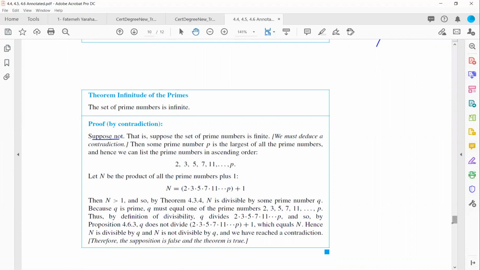Suppose not. Suppose you have a sequence of prime numbers and actually stops somewhere. Suppose n to be the product of all prime numbers plus 1. So you're multiplying these numbers from your sequence and you add 1. Of course, n is greater than 1. So what's wrong with this assumption? What's wrong with this statement here?